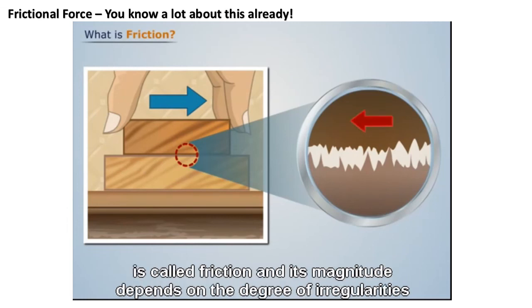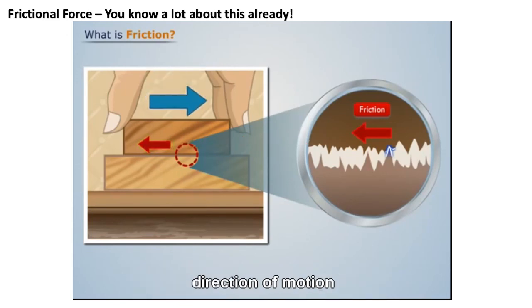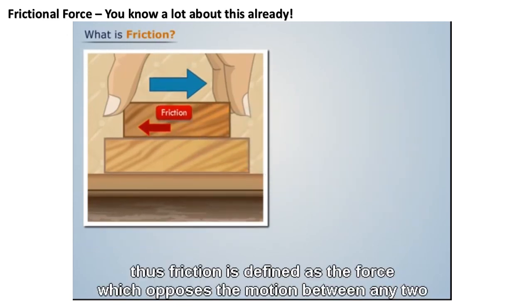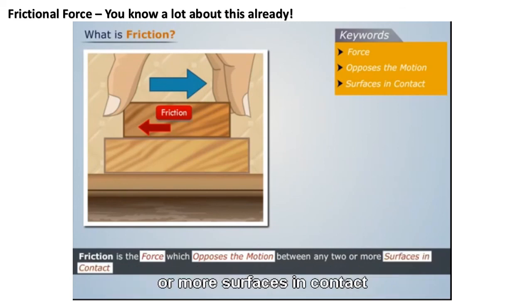This opposing force is called friction, and its magnitude depends on the degree of irregularities on the surfaces in contact, while its direction is always opposite to the direction of motion. Thus, friction is defined as the force which opposes the motion between any two or more surfaces in contact.